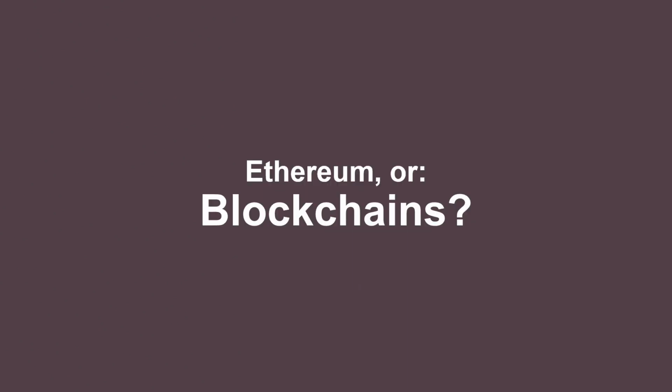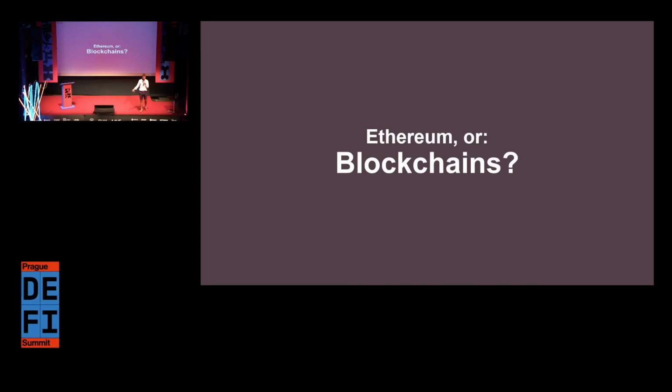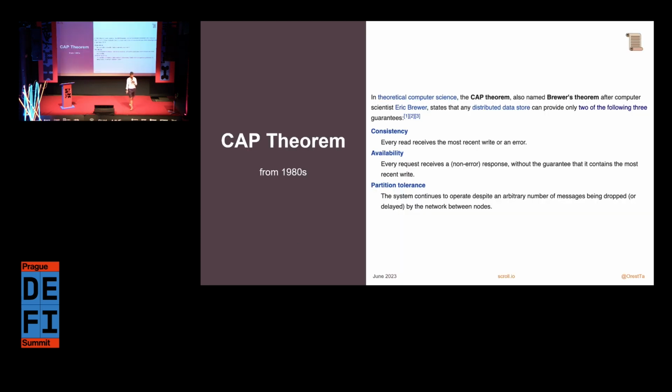And so, is it an Ethereum thing, or is it maybe something that has to do with blockchains overall? Well, as a computer scientist, I would say it actually has to do with database systems, with DBs. And there are long-standing trilemma choices in distributed database design, such as the CAP theorem, where you only get to pick 2 out of 3 very desirable properties.